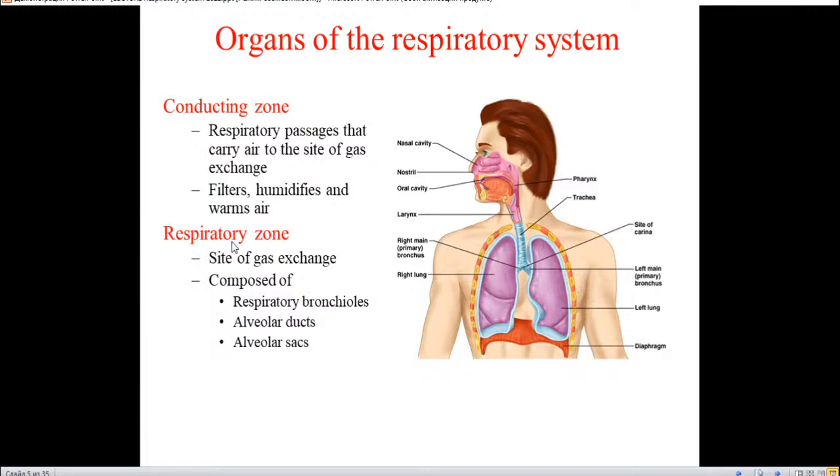So the conducting zone begins from the nasal cavity and ends in the respiratory zone, which is composed of respiratory bronchioles, alveolar ducts, and alveolar sacs.